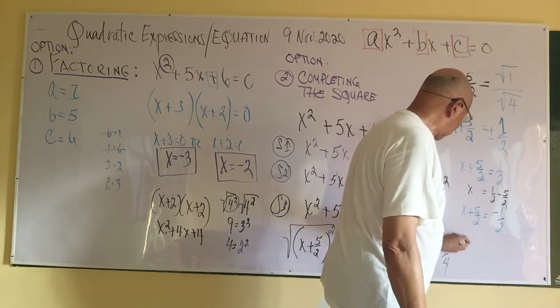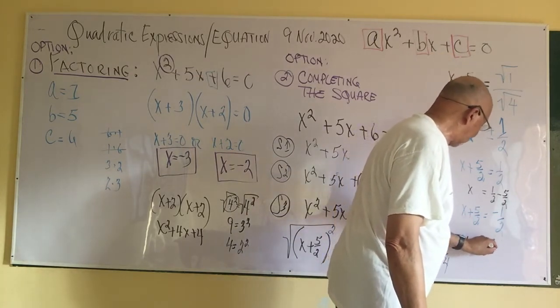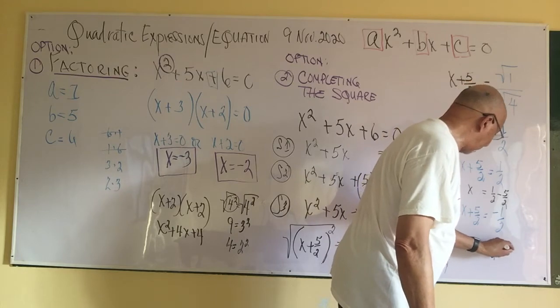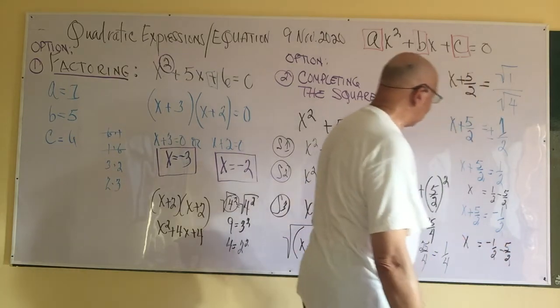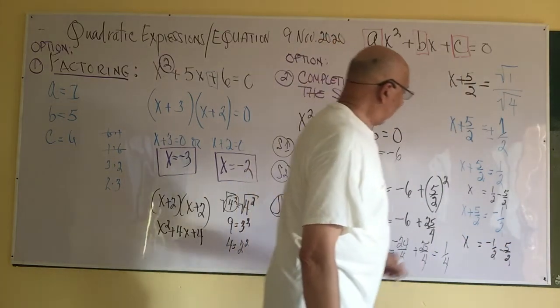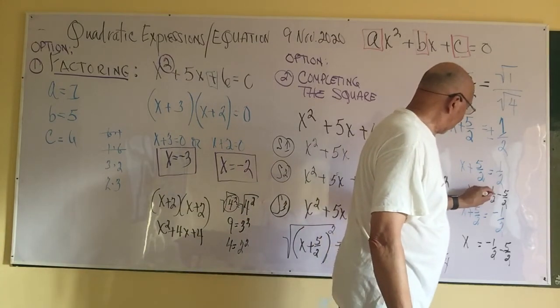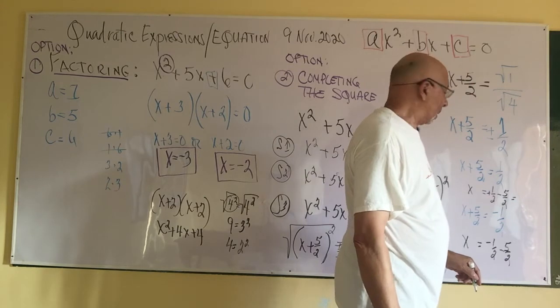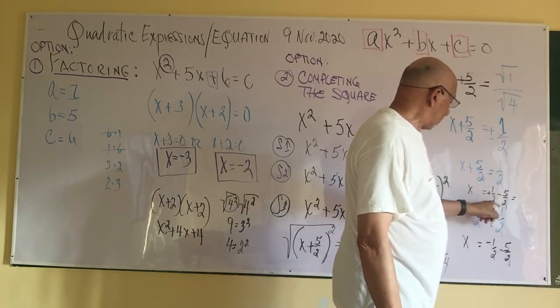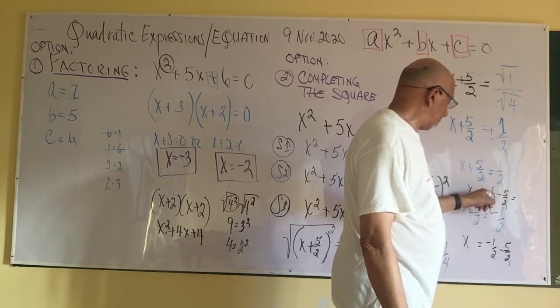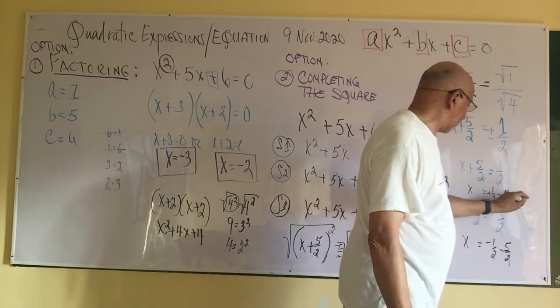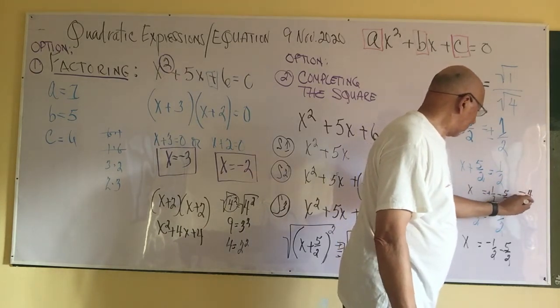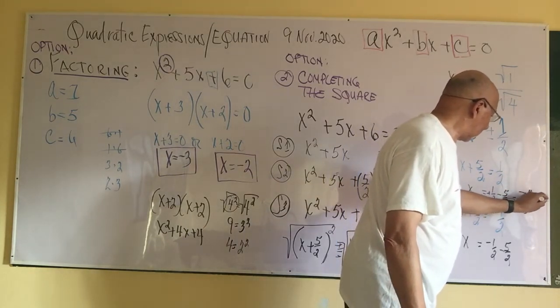In this one I say x equals negative 1/2, take away 5 over 2. So if I have positive 1/2, take away 5 over 2, if you follow this okay, now I have 2 fractions with common denominators, so I just subtract the numerators and keep the denominators. So this is negative 4 over 2, or negative 2.